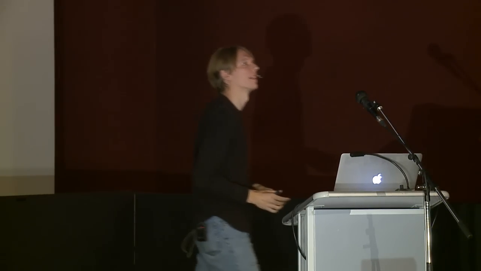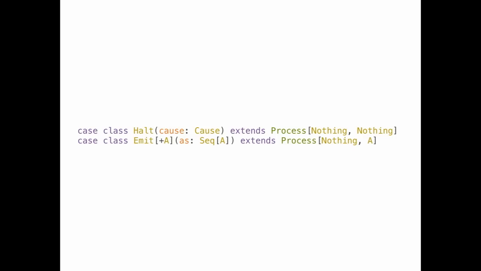Or you could end with something terrible exploded, I'm out of memory, and somehow I caught that and gave it back to you. So there could be an exception inside of here, or some sort of normal signal. Anything like that might be inside of a cause. A halt doesn't emit any elements and doesn't perform any effects. So halt is a process of nothing.